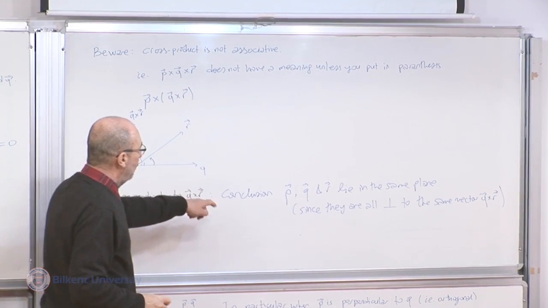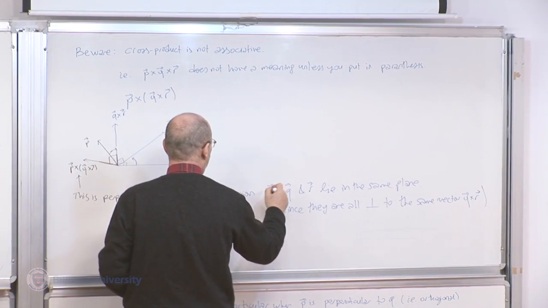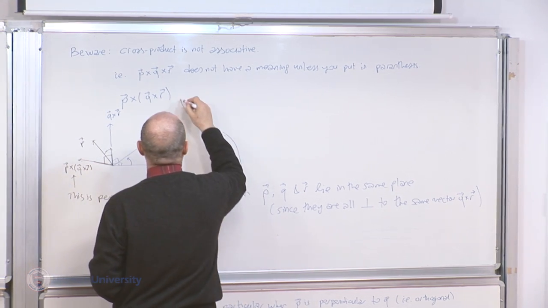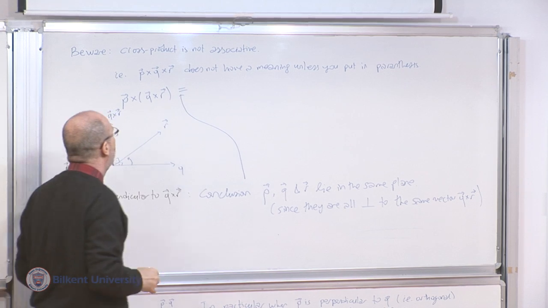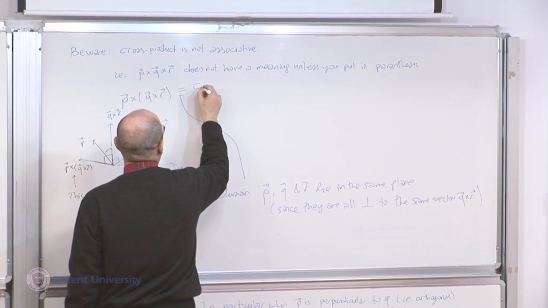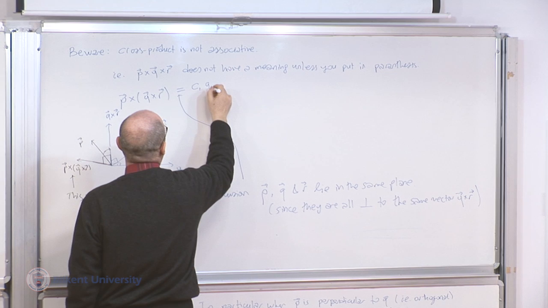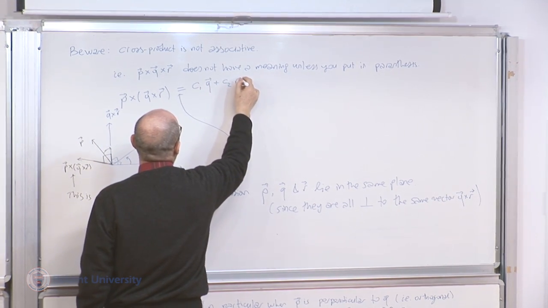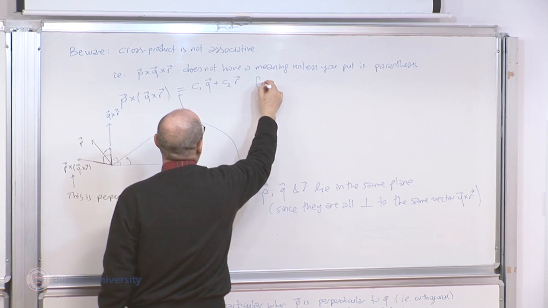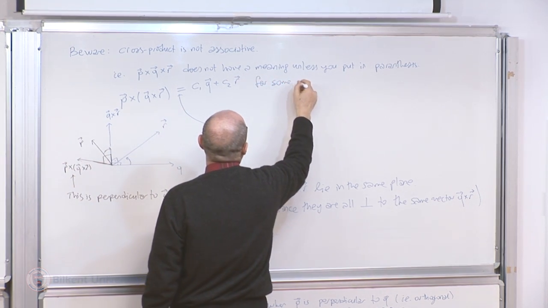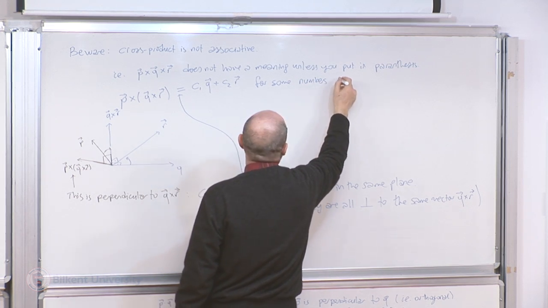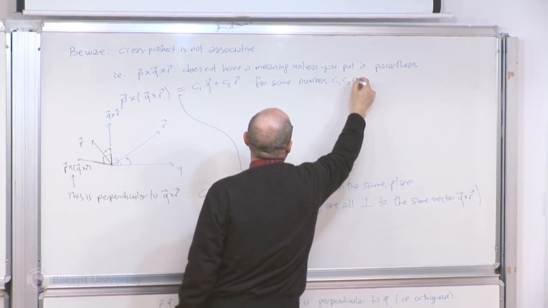So from this conclusion, we have the following. There is some number times Q plus some other number times R, for some numbers C1, C2.